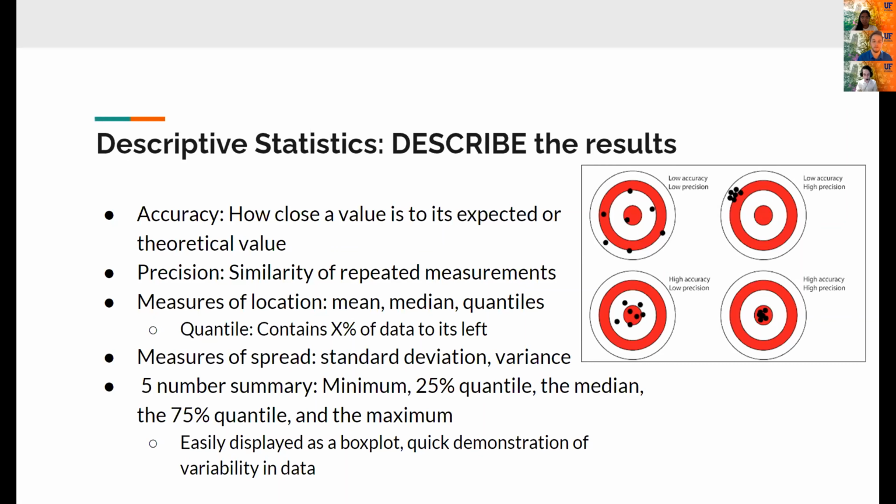Because there is only one accurate arrow in the center, and none of them are clustered close together, this shows that there's only one accurate shot, and they're not very precise because they're extremely spread out. Whereas if you look in the top right, there's a very close cluster of all of those arrow shots, but there's a low accuracy, and it just helps to show you the fact that you can have high precision and low accuracy at the same time, or vice versa.